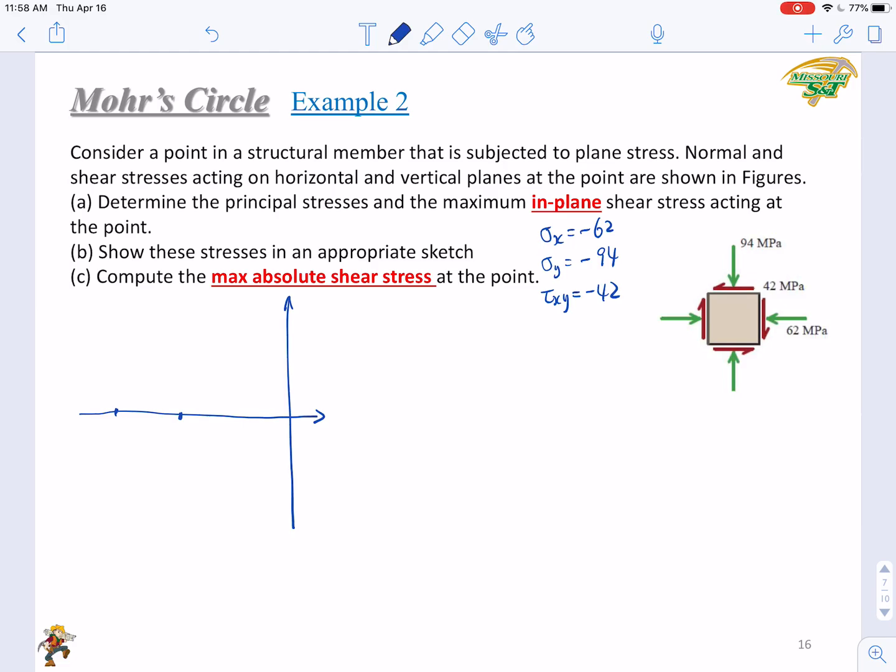Then these two points will be the first point sigma x, tau xy: negative 62, negative 42, here.